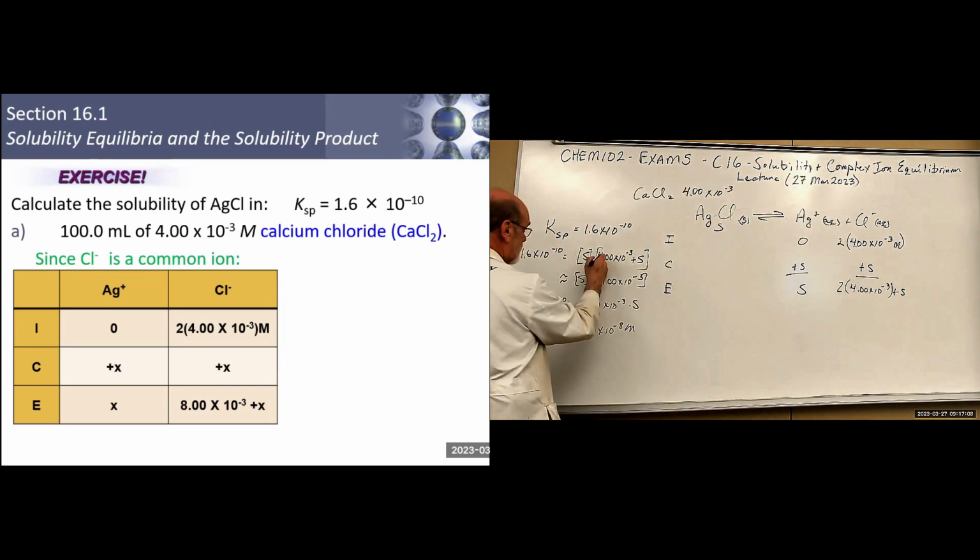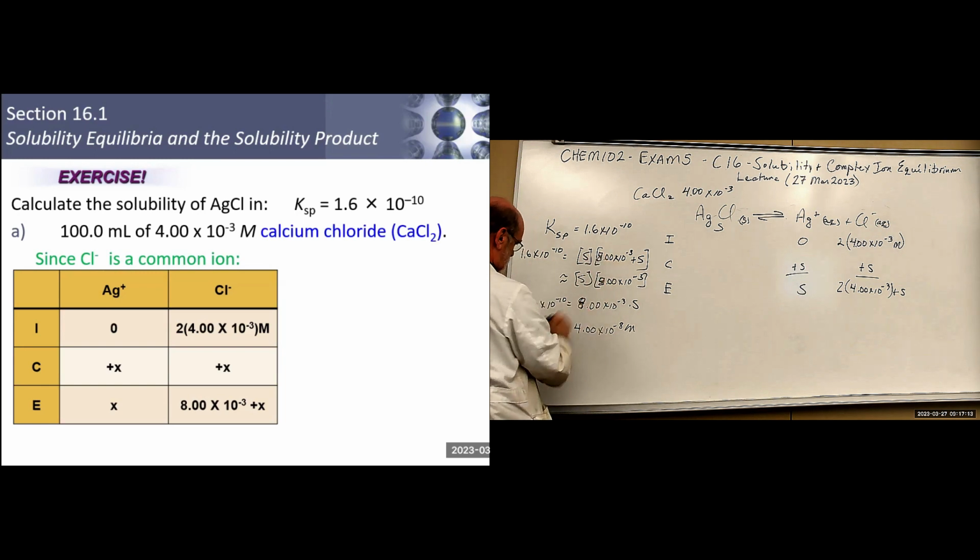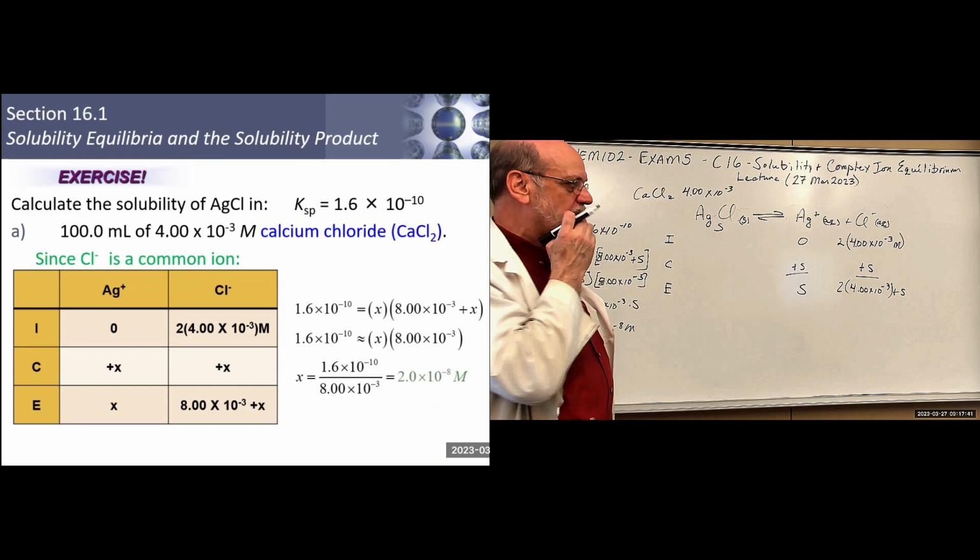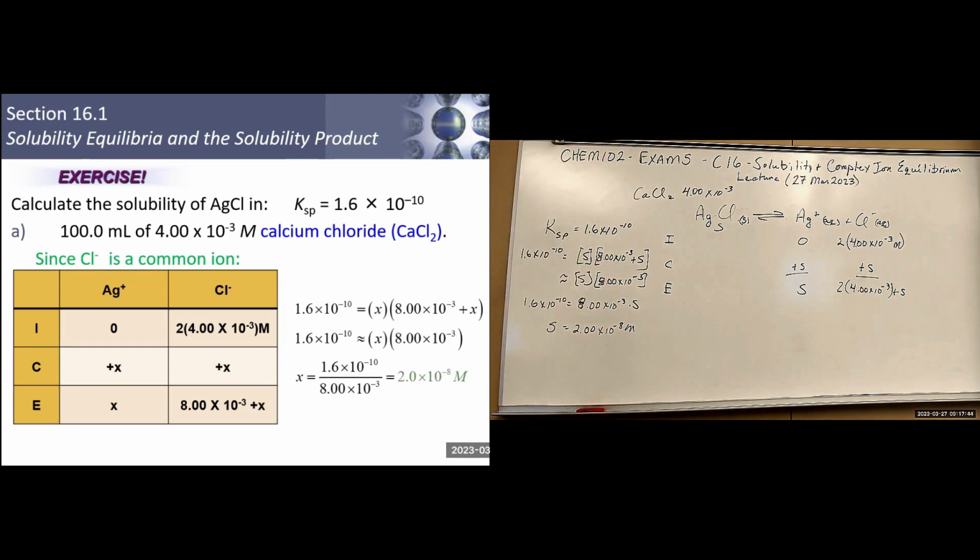All right, so what we need here is an 8 and an 8, and a recalculation. 1.6 exponent 10 and 8 exponent times 10 minus 3. 2 times 10 to the minus 8. There we go. So there are the calculations, and I should have just let the slide do the talking for me.